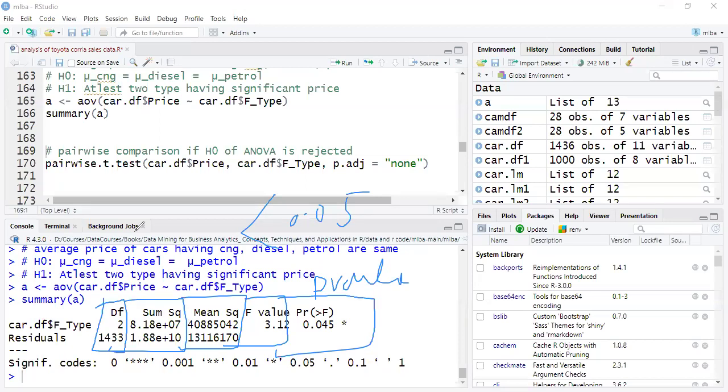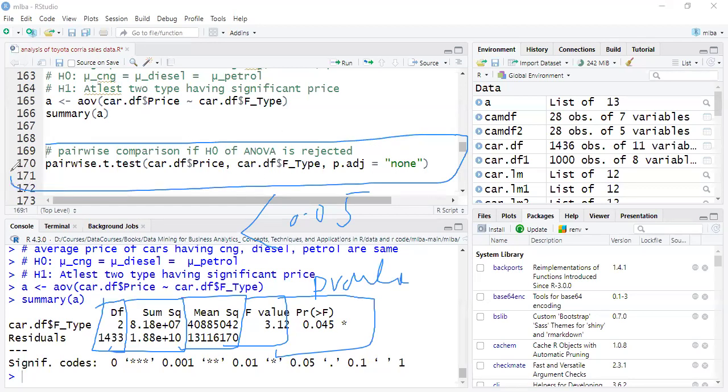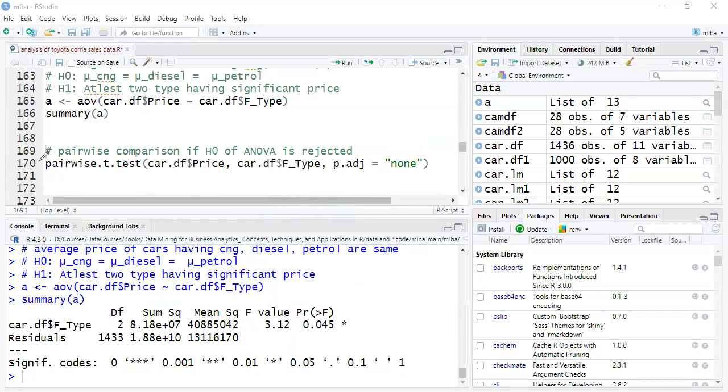And if the means are significant, we have to apply another test, called the pairwise t-test. The pairwise t-test will indicate which pairs of values are significant and which are not. I'm showing the output of the pairwise t-test.